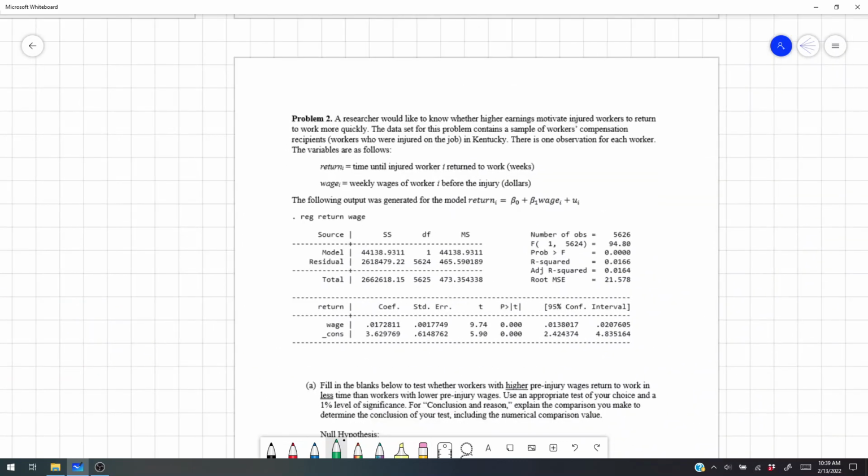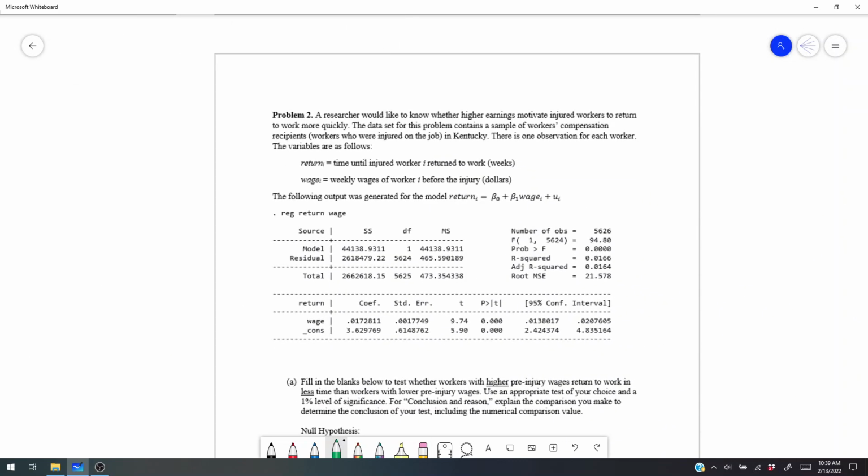Problem two. A researcher would like to know whether higher earnings motivate injured workers to return to work more quickly. The idea is you're working, an injury happens at work, you have to take time off because of the injury. And the question is whether you go back to work more quickly or less quickly if you make a lot of money.